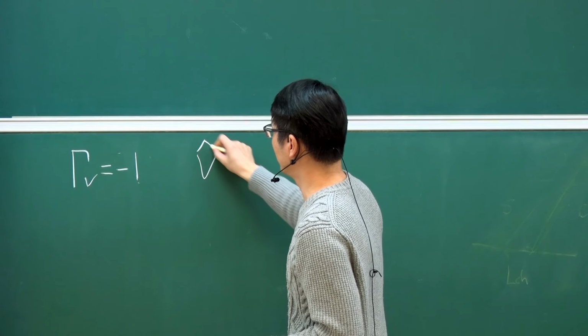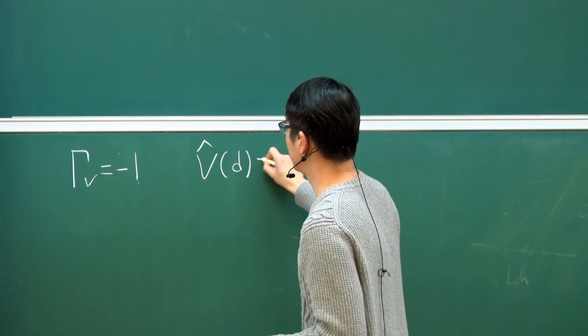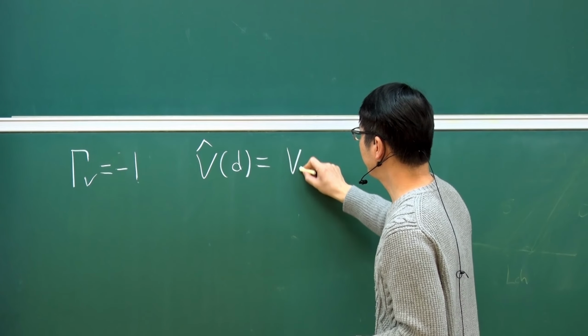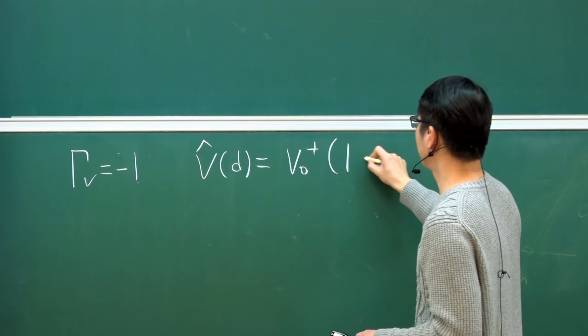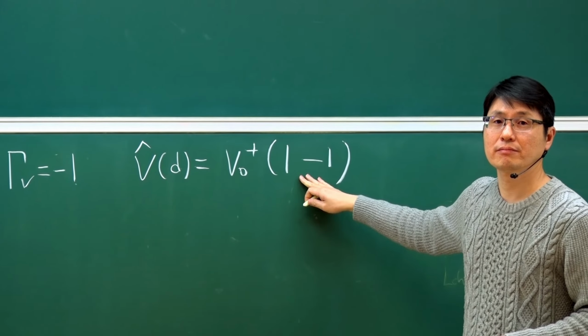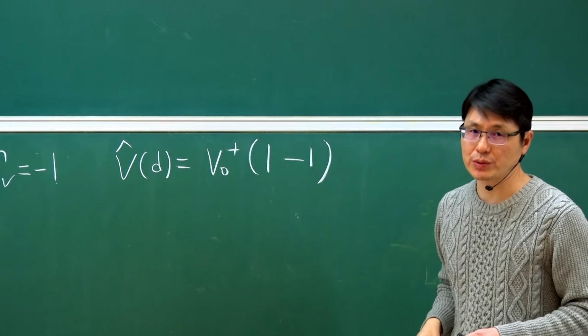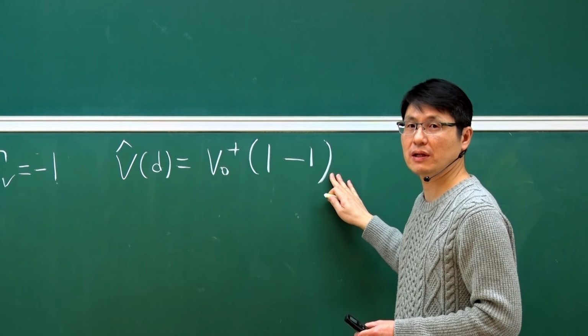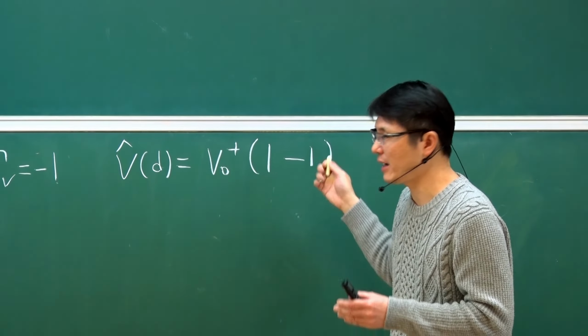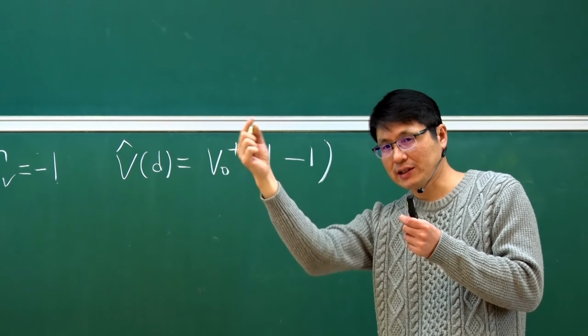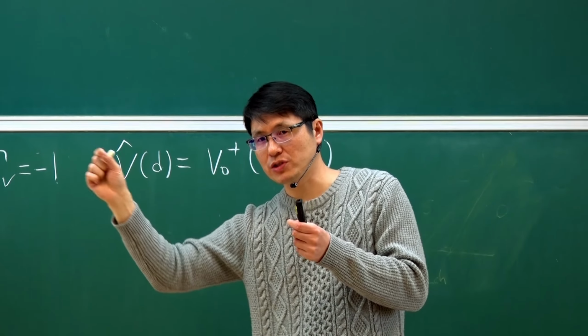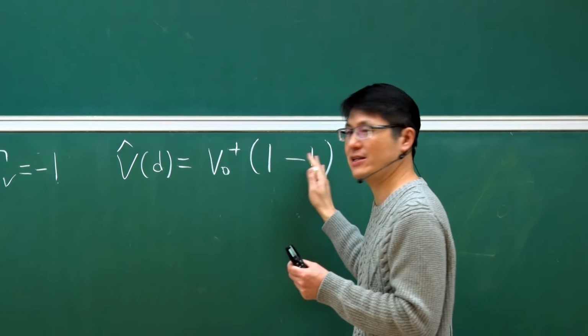So the total voltage is your input voltage 1 minus 1, at d equals 0. Ideally, you want to add the two, but the reflected wave in terms of voltage is -1, so it cancels out.